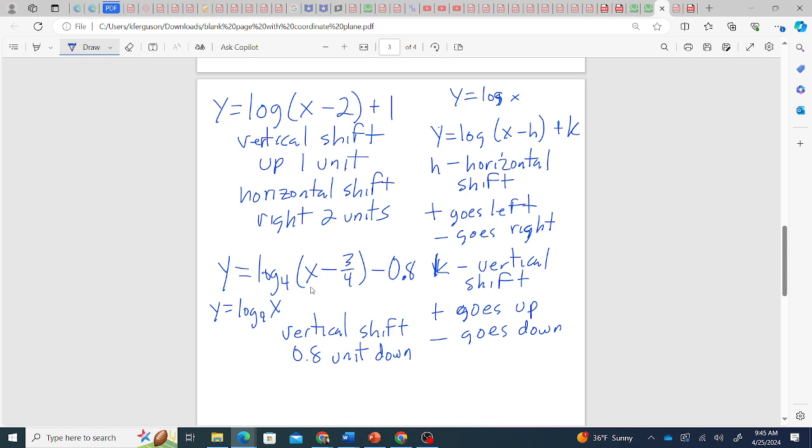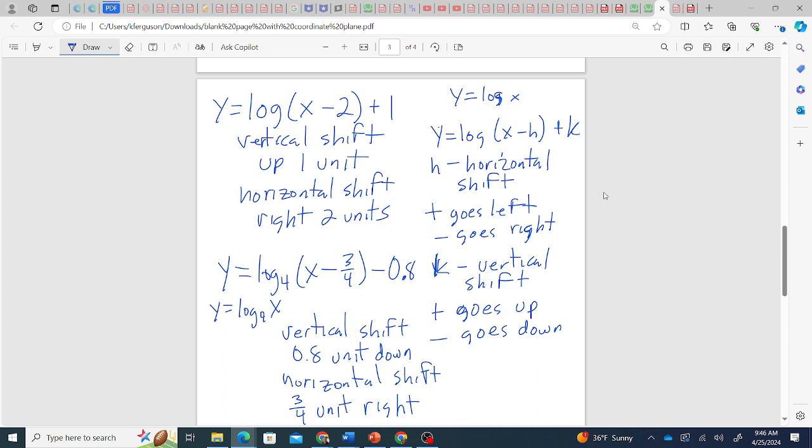All that matters is that you know whether it's going up or down, and how many units. 0.8 is not one. It's like a piece of a unit. And then what else? Yeah, 3/4 unit right, or to the right, however you want to say it.